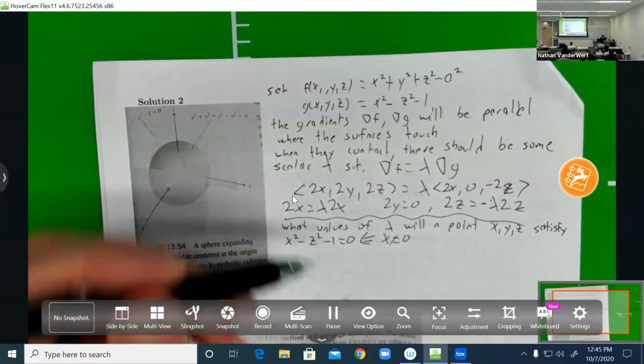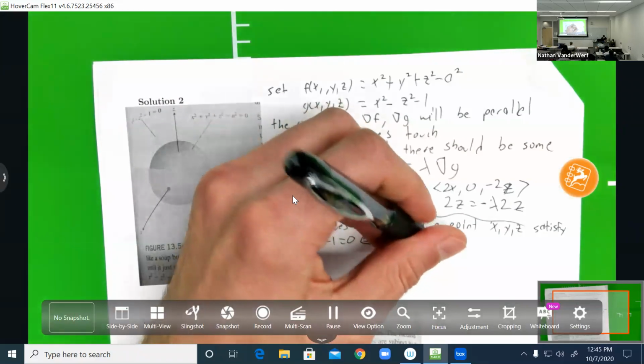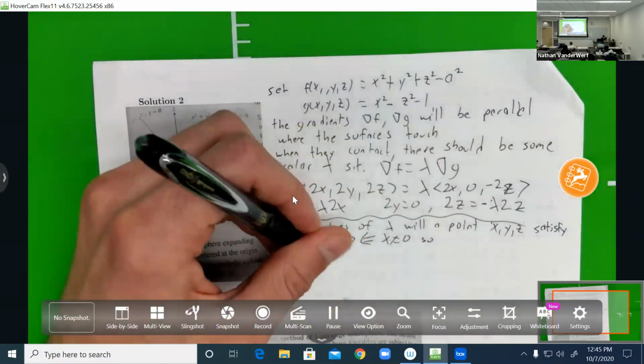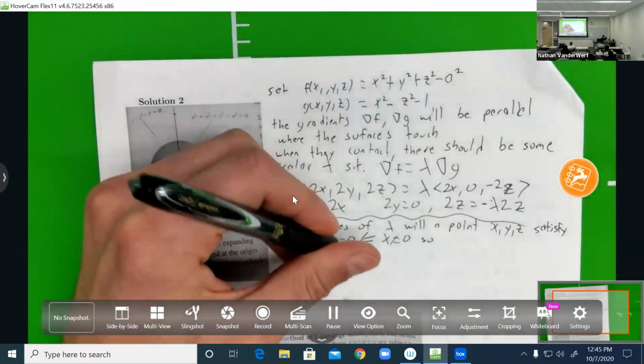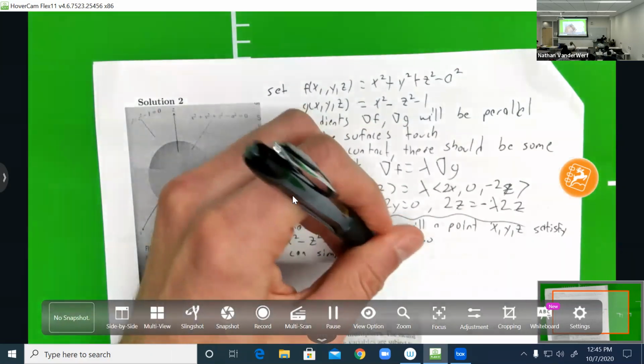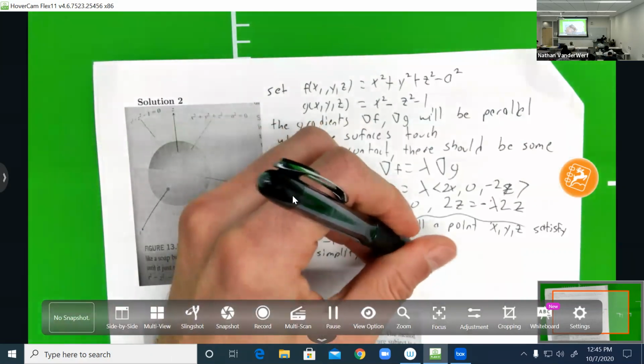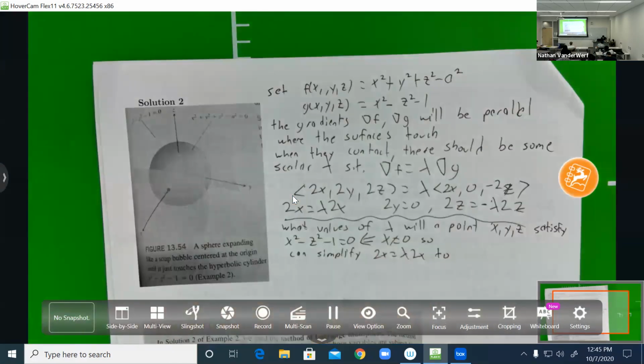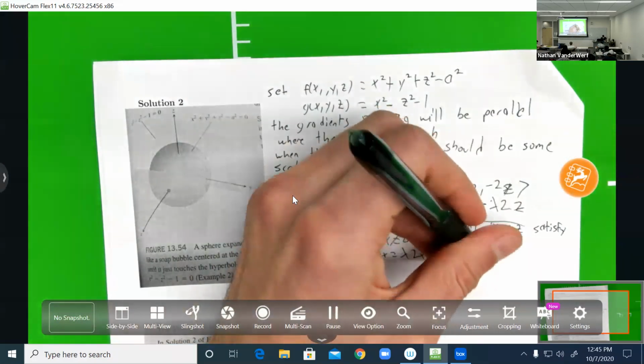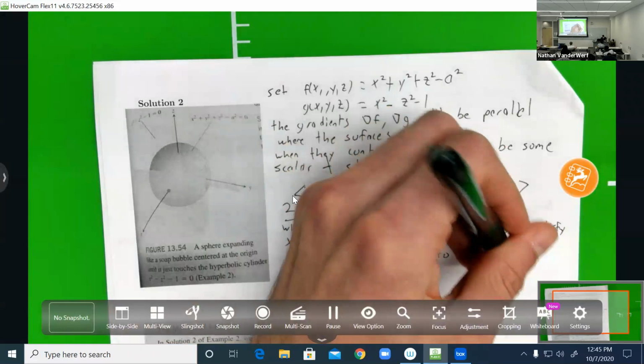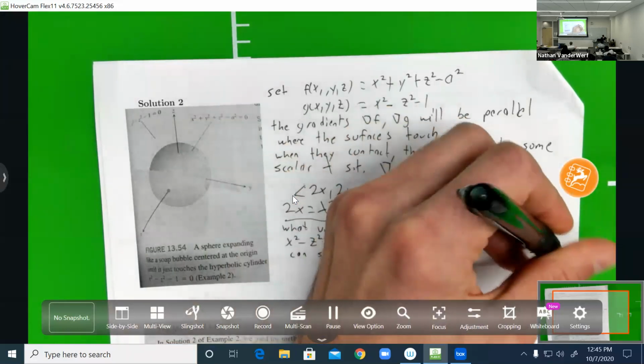We can simplify here. 2x equals lambda 2x, so 2 equals 2 lambda, or lambda equals 1.